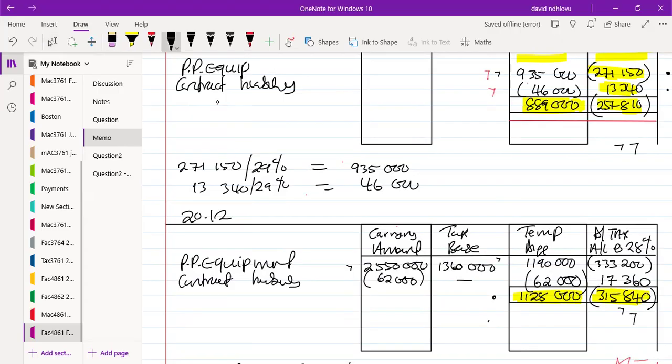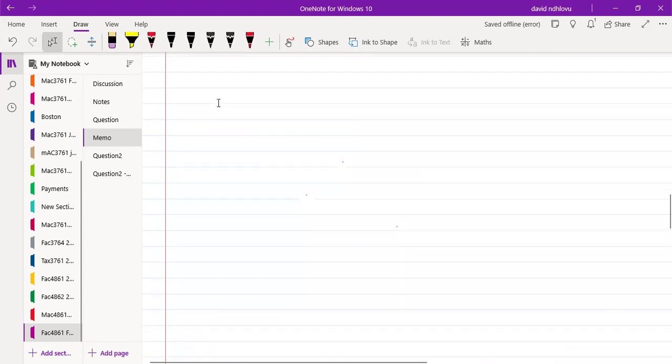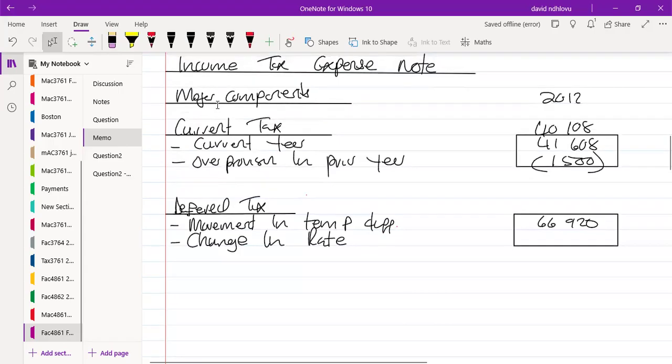Remember, we are owing for what? For tax 257, and now we are owing for tax what? 315. We have been charged more tax. Are we clear, good people? There's been an increase in what? Taxation. Right? It's important to know that because an increase or an additional amount of tax, we have to add it to the other expenditure, which is current tax, to get the total tax expenditure.